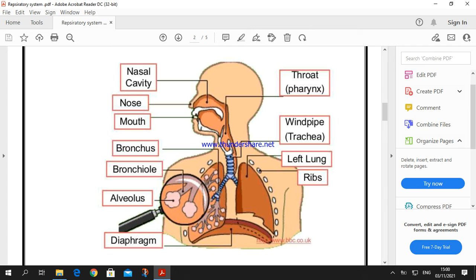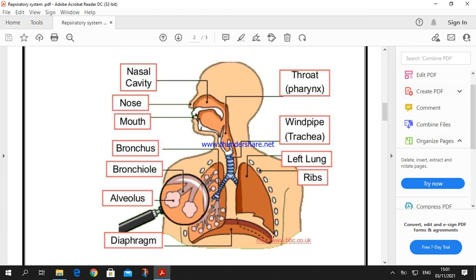After that, the air goes down into this tube known as the pharynx, okay, and above the trachea we have the epiglottis, okay, which can close the trachea during swallowing to prevent food from entering the respiratory system.